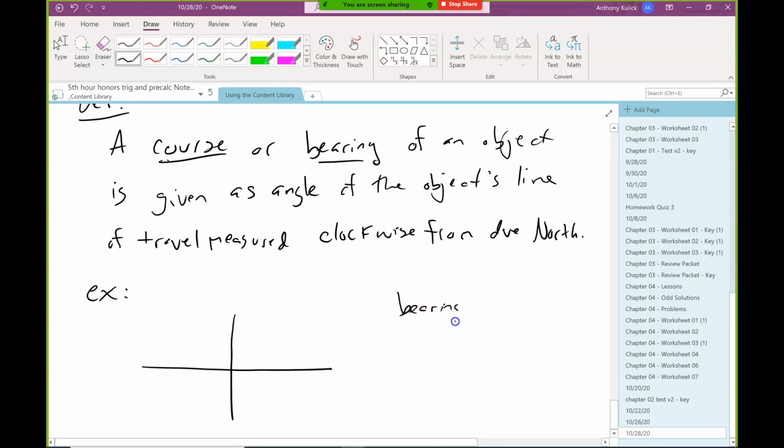Okay? So remember, if you're looking at a compass, there's north, northeast, southwest. So a bearing of 58 degrees, we're starting at due north, and we're going 58 degrees. So that's our bearing.